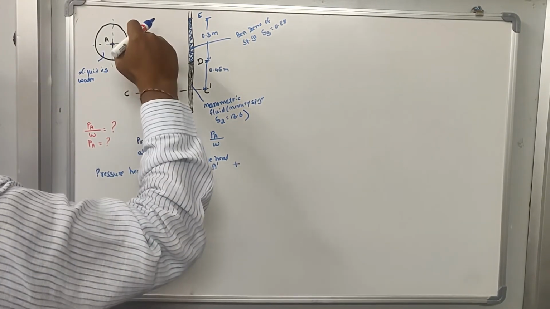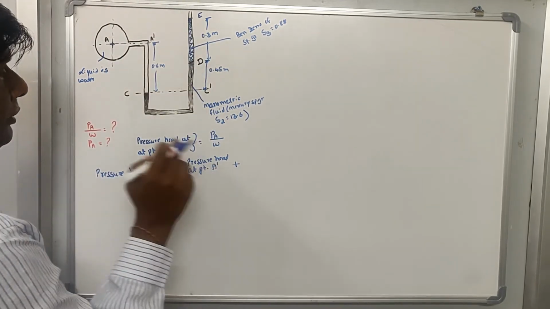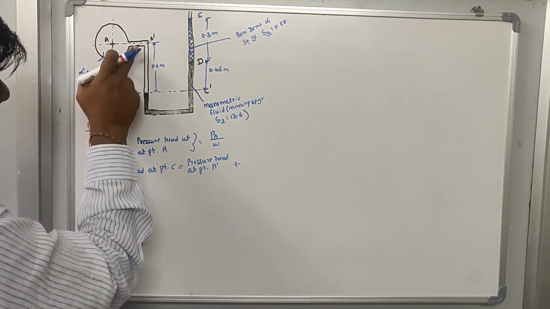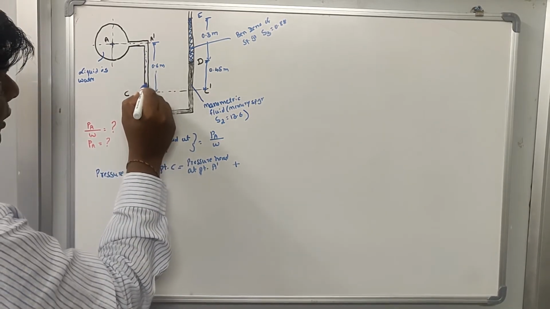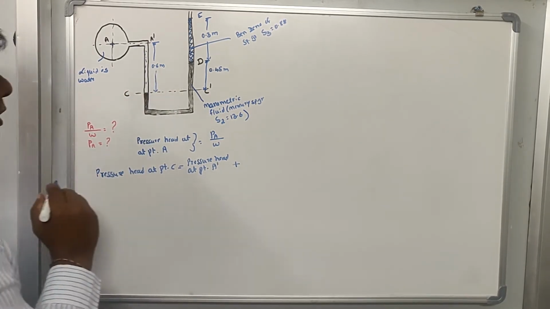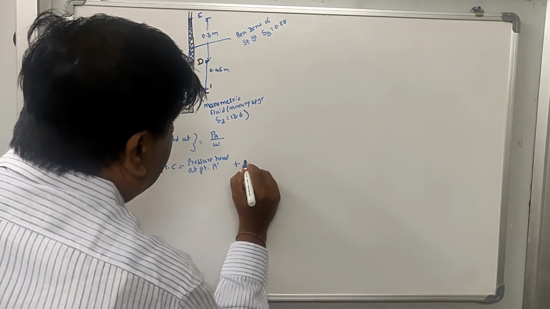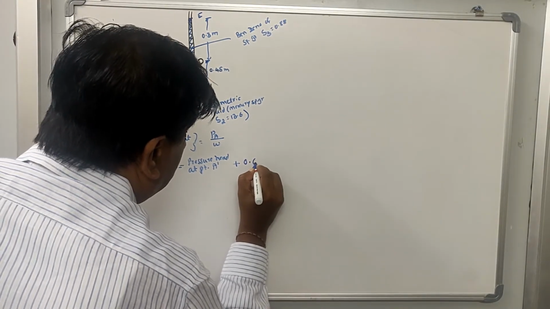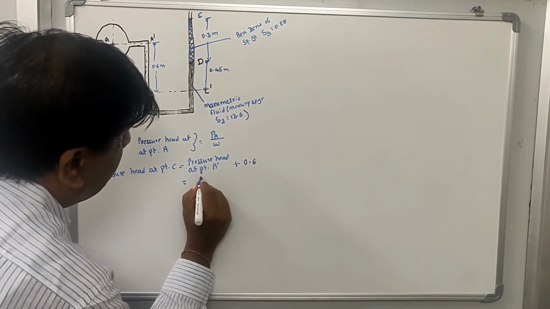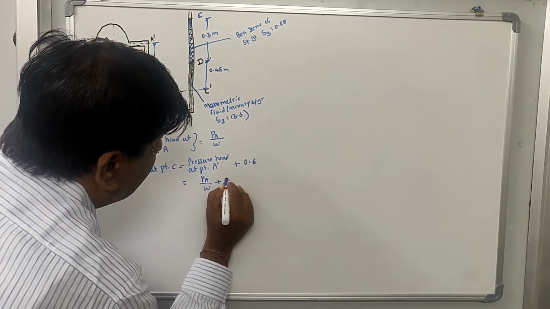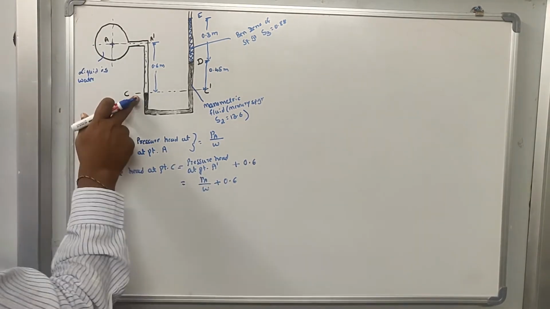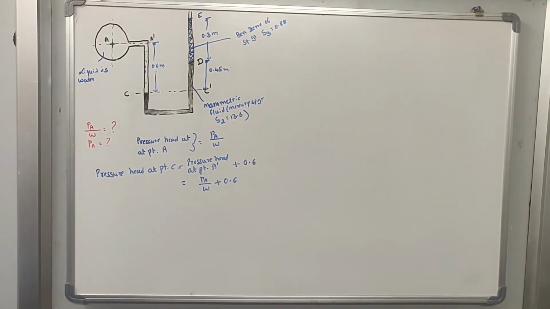If the next point is lying above, you take negative sign. So in this case, the next point C is lying below, and the fluid is water inside the manometric tube, so you can take this as 0.6. So it is PA by W plus 0.6. This is the pressure head at point C.